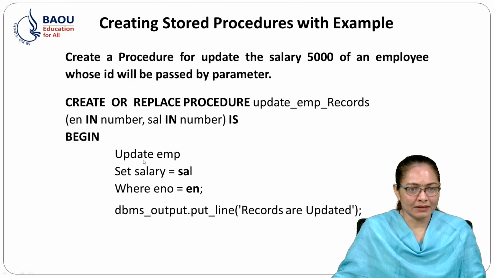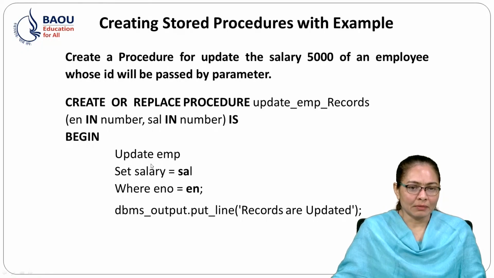See, UPDATE, then table name EMP, SET salary column, which is a column name, is equal to SAL, which is a variable name. See, this parameter is passed here, so the salary value is set in the salary column. Then WHERE employee number, which is a column name, is equal to EN, which is a parameter name, matched with this employee column name.